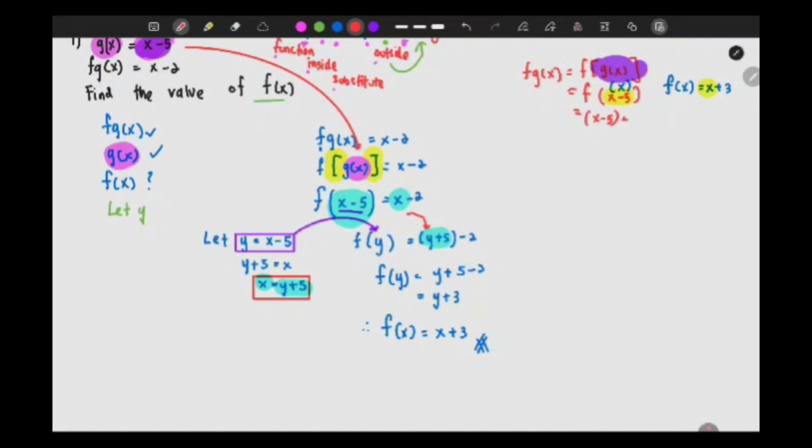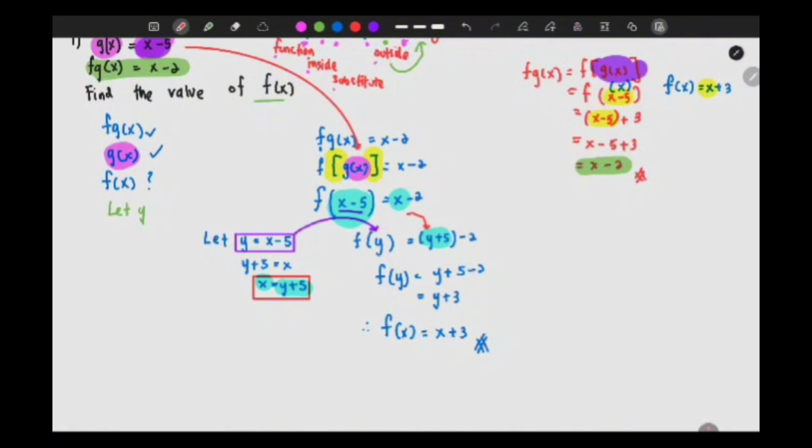Okay, I changed your x to x minus 5. And what are you getting? So x minus 5 plus 3, I'm getting x minus 2. Ta-da! You see, it's the same answer. fg(x) is x minus 2, so the answer f(x) is correct.